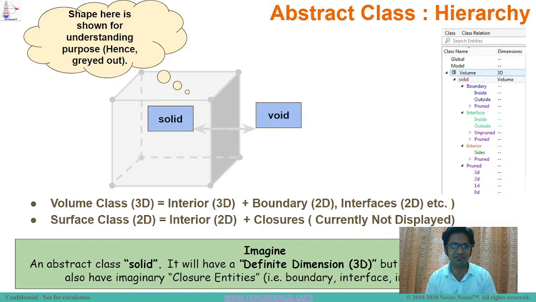So this is the major difference. One can have any number of classes like solid, maybe size, maybe contact, to capture the different physics related to your analysis. We'll see the advantage of setting up the physics on abstract classes as compared to the traditional workflow in the coming presentation.